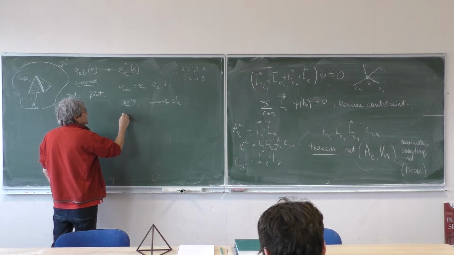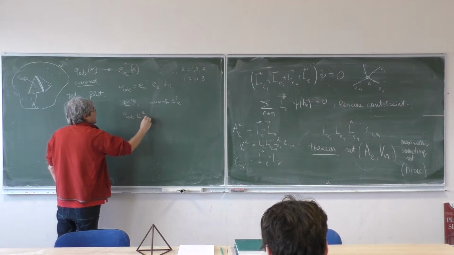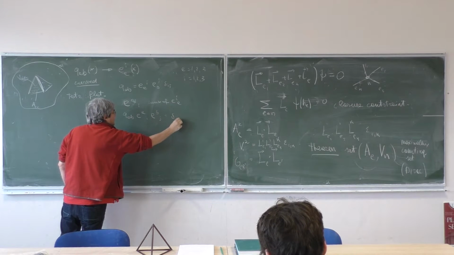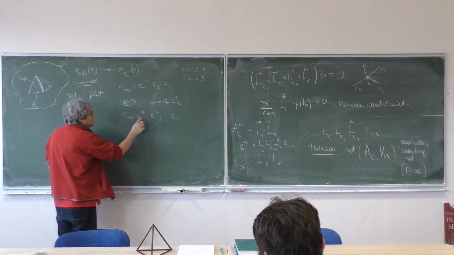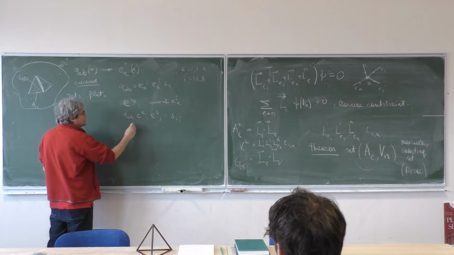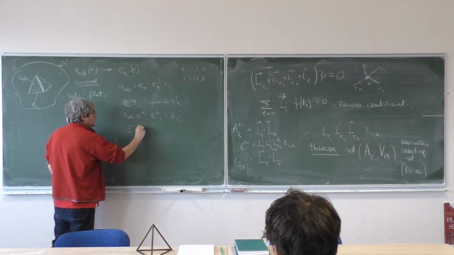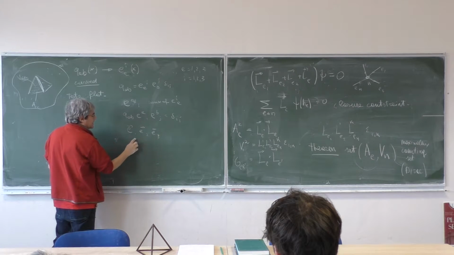I can write q^ab e_a^i e_b^j is delta^ij, which you can think of this way. This is a vector field. So this is 3 vector fields, E1, E2, E3. The index i is 1, 2, 3.